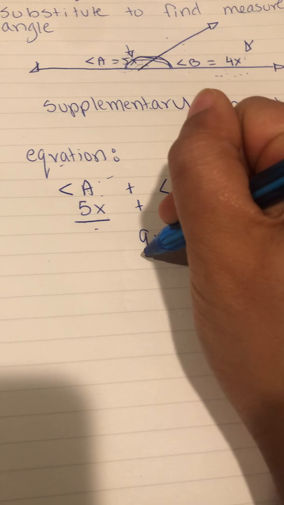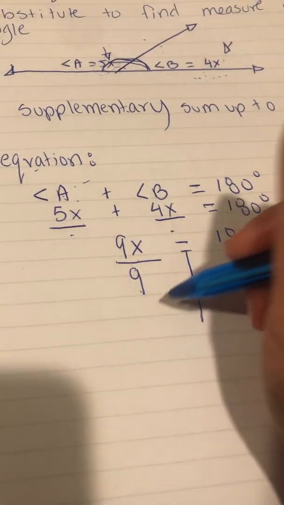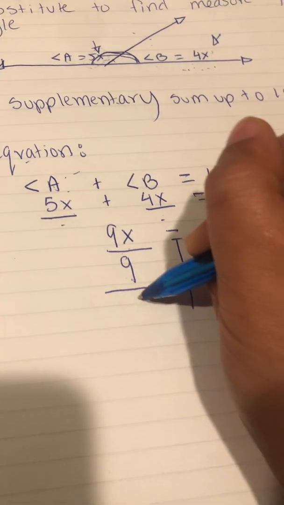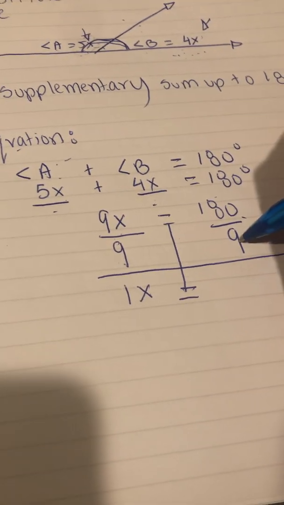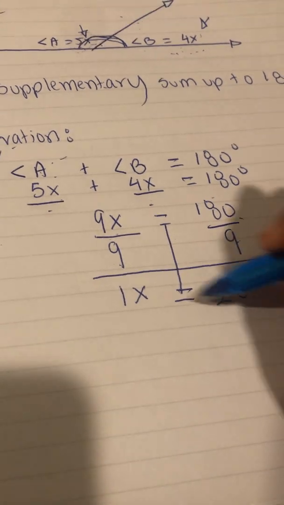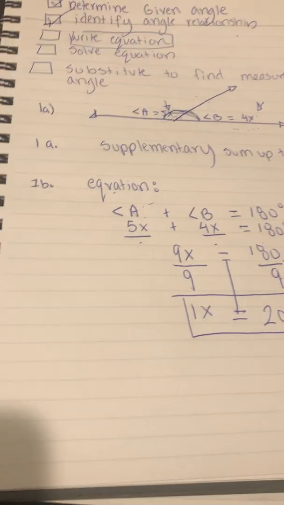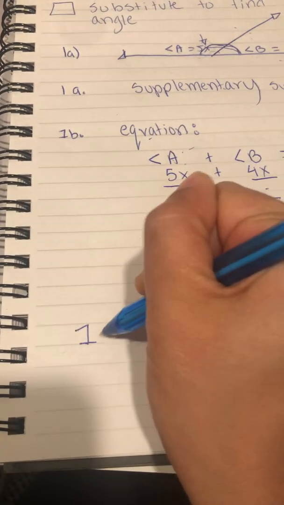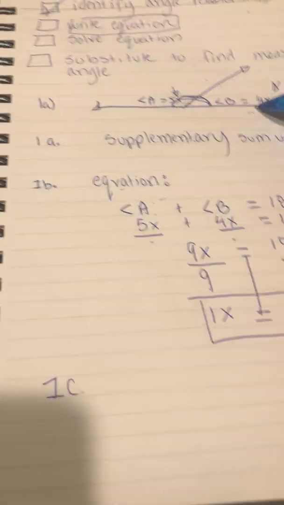So I'm going to divide by 9 on both sides, because we want to know what 1x is. And what I get is 1x equals 180 divided by 9, which is 20. Okay, so if x is 20, that means now I could solve 1c. I could actually find out what angle A is and angle B is.